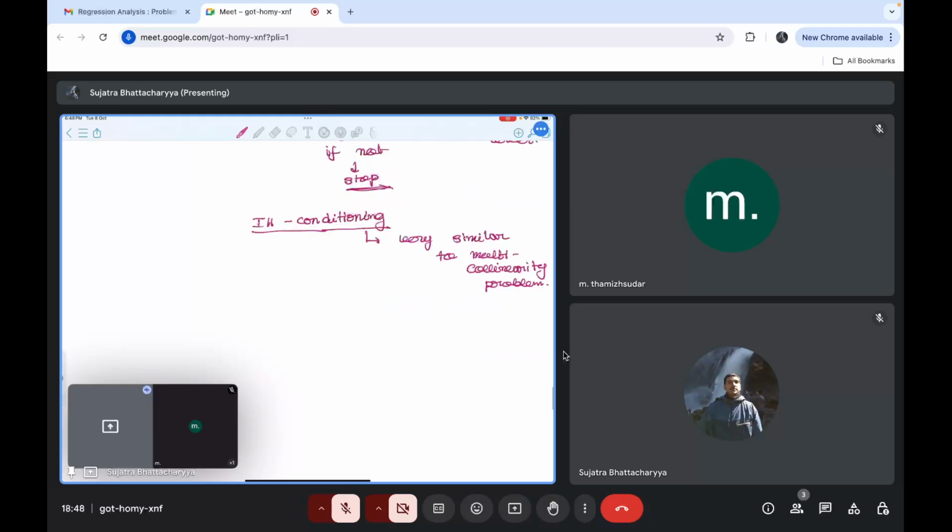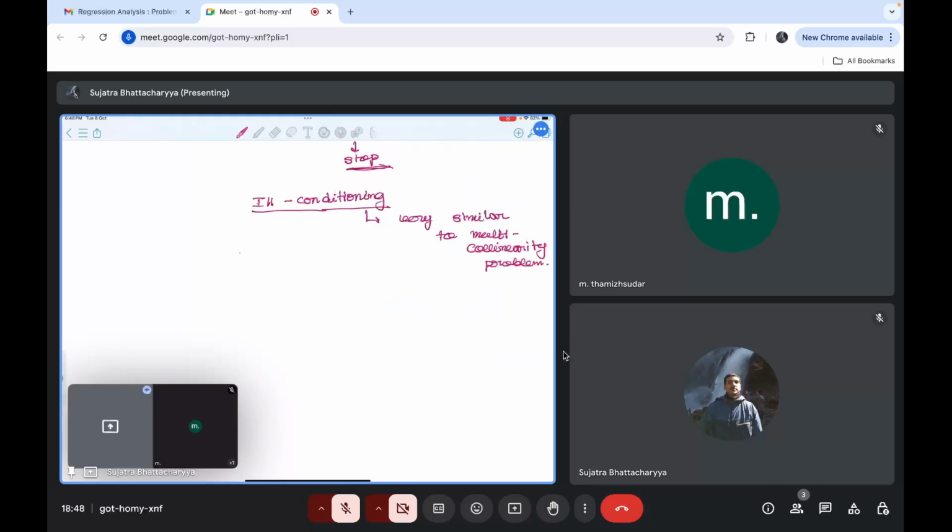What it says is that as the order of polynomial increases, the X prime X inverse becomes ill conditioned. That means there is a problem in calculating the inverse. It is going towards the singularity of X prime X.